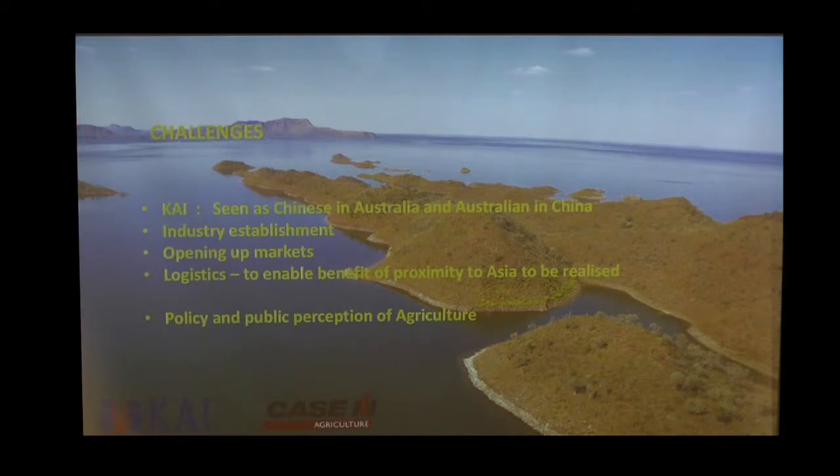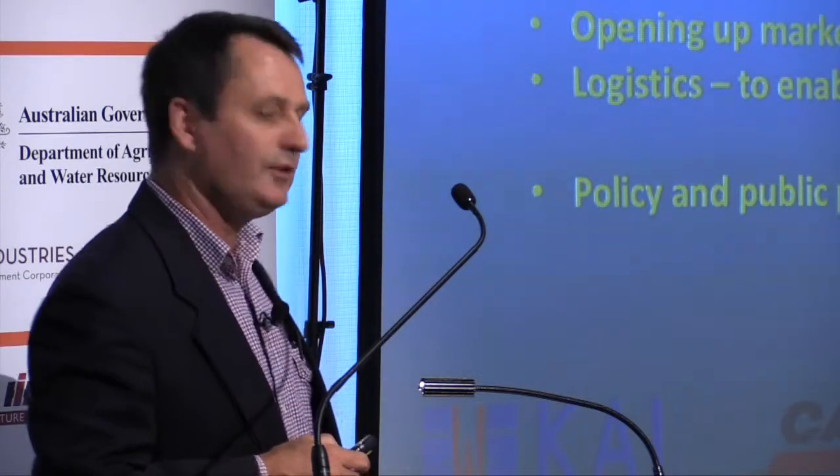Challenges, and this will be my second last slide. I guess one of the things we find, and it's a little curious, is that we're seen as Chinese in Australia and Australian in China. That leaves us stateless sometimes, and it can be awfully frustrating when you come and talk to our bureaucrats and they say, "What's your problem?"